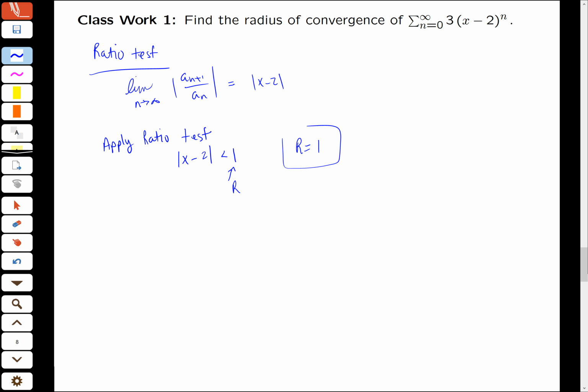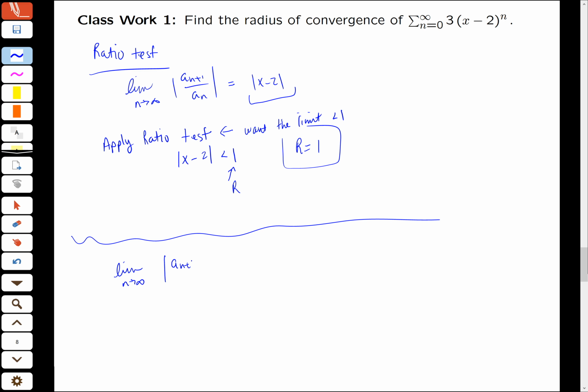The ratio test, so you want the limit less than 1. So you just take whatever it was that you had for your limit, set it less than 1. And then r is equal to that value. Now suppose that your limit as n goes to infinity, an plus 1 over an had been, I don't know, 2x minus 3 in absolute value.